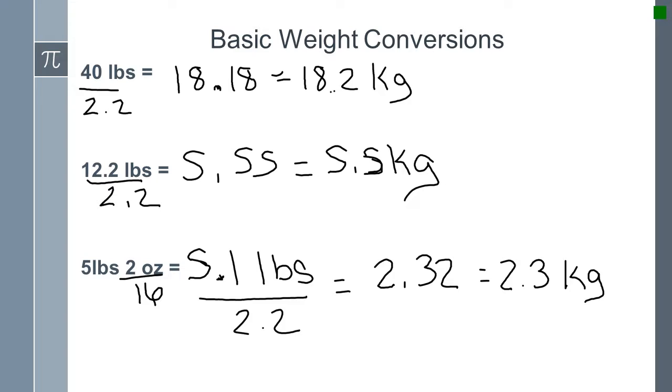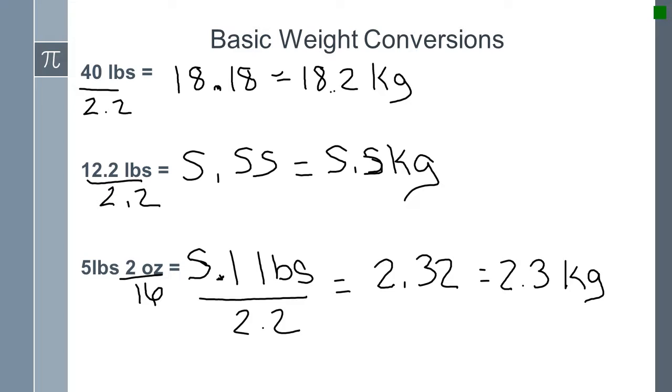But I do have to remember that a kilogram is 2.2 pounds, not the other way around. And so then that shows me that I would divide. But basically what you're doing is taking your 40 and dividing that by 2.2.